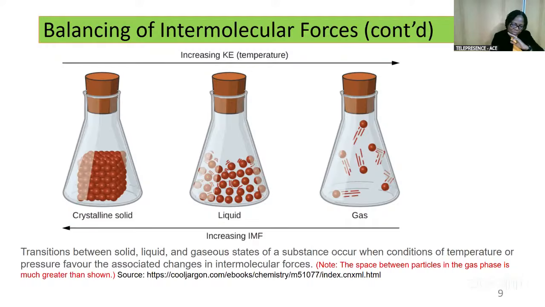So let's go back to the example of water that you are all familiar with. If you can reduce the temperature so low, to say -4, -5, -13, you will have a solid substance formed because the IMF has been increased as you lower the temperature. But if you leave it at room temperature, you're going to have it in liquid form.